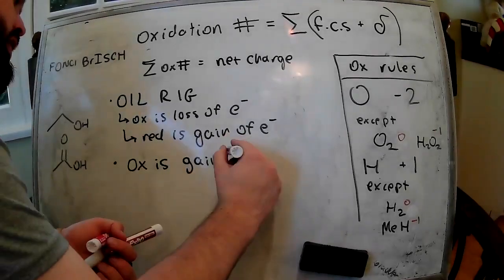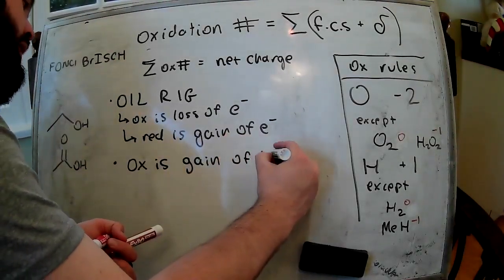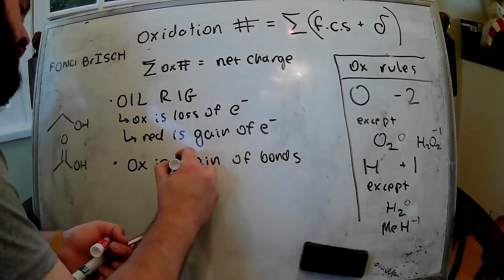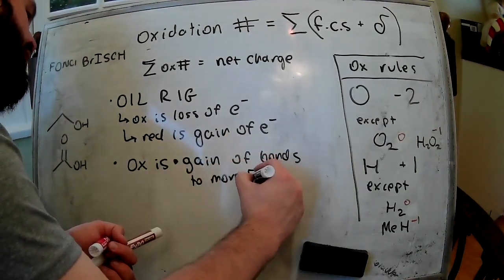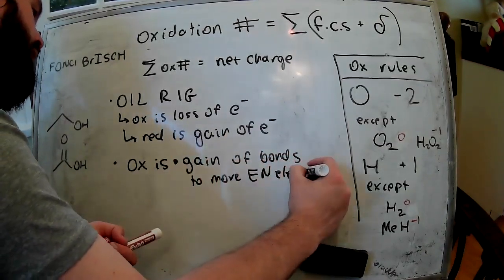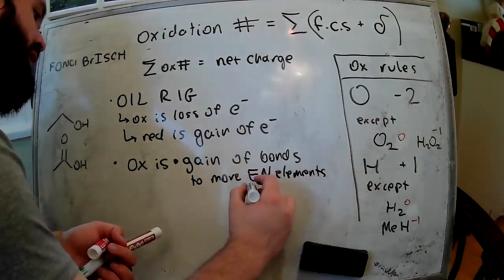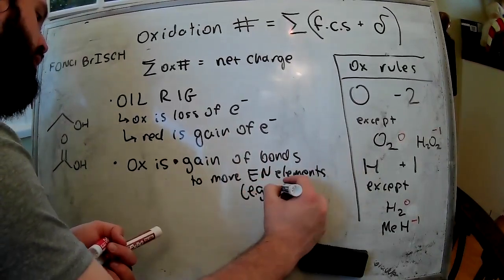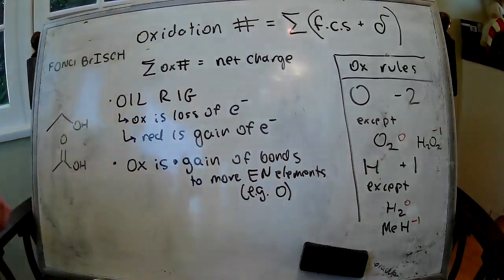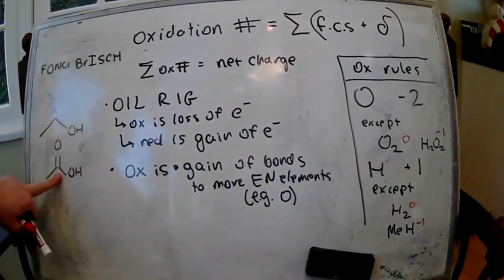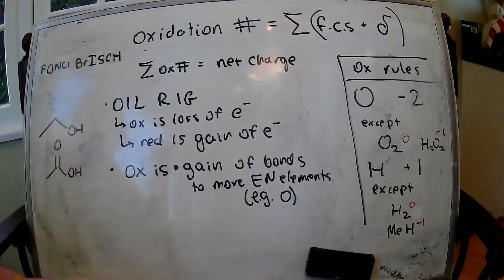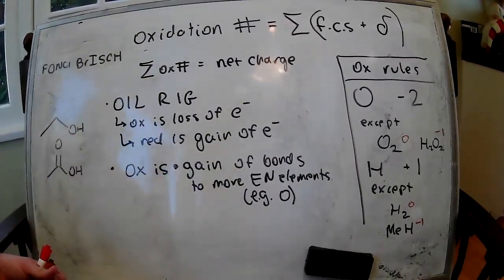So we could say oxidation is gain of bonds to more electronegative elements, such as oxygen. So in this case, we can see carbon had 1 bond to oxygen, it now has 3 bonds to oxygen. So carbon was oxidized because it gained bonds to more electronegative elements.